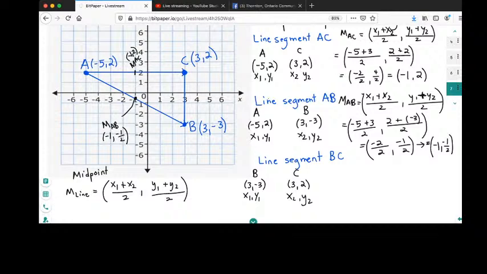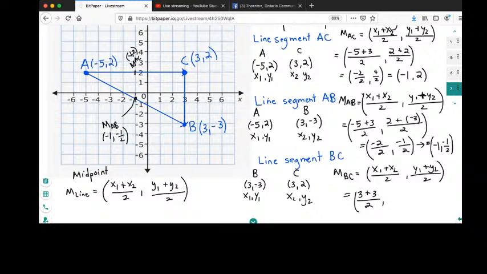Again, for full marks, we want to write our initial equation, our standard equation. So without any numbers in it, that's x1 plus x2 divided by 2, y1 plus y2 divided by 2. And that is going to equal, so x1 is 3, x2 is also 3, which is nice, and that's going to be divided by 2.